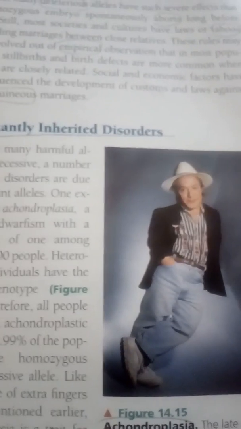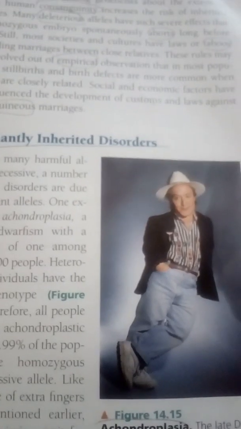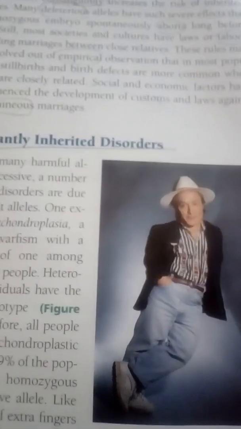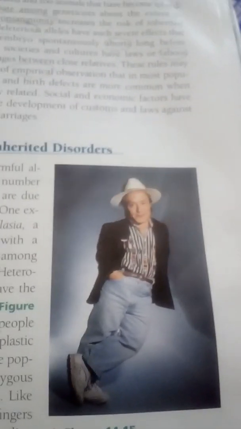The genotypic ratio for the offspring is 1 capital A capital A, 2 capital A small a, 1 small a small a. Thus, each child has a one-quarter chance of inheriting a double dose of the recessive allele and being affected by the disorder.